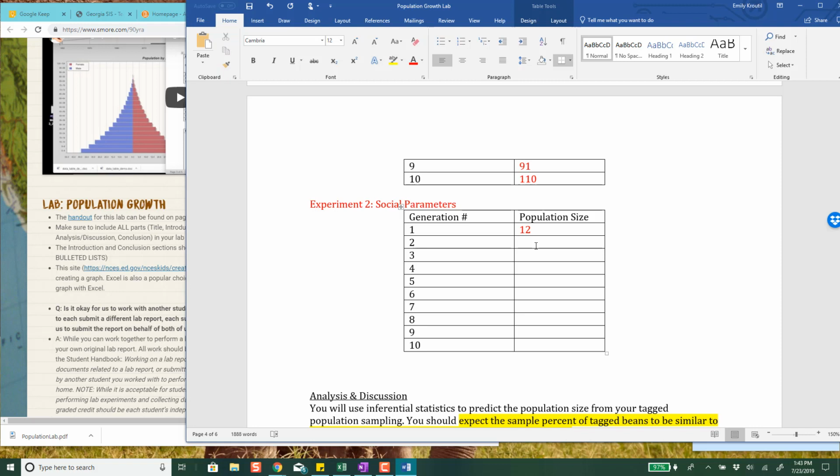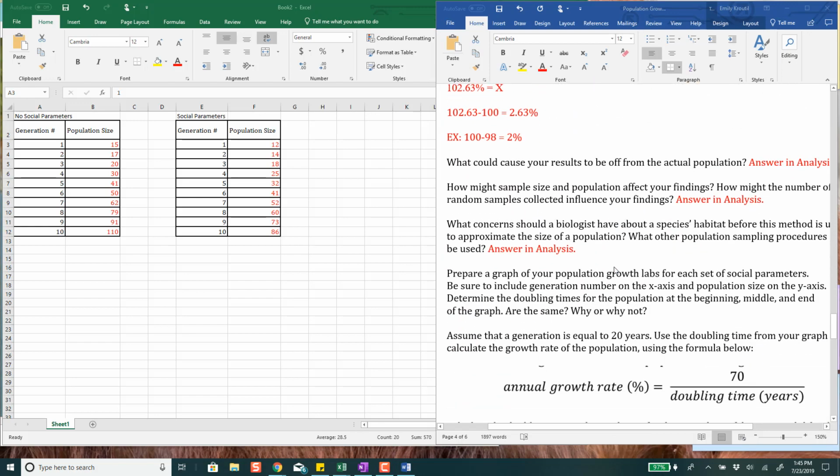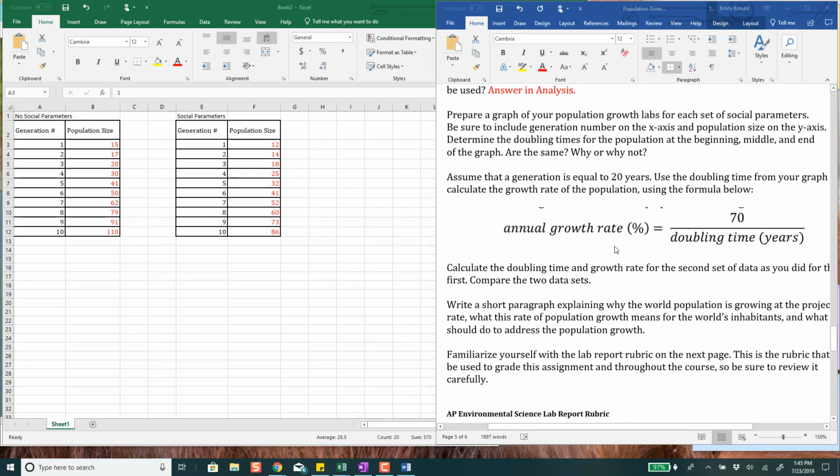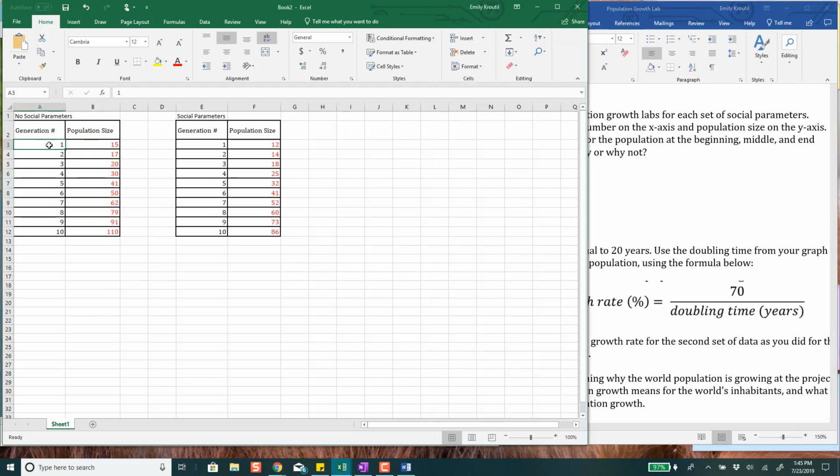For this one, we'll do... okay, so now I've put the data in Excel, and I just copied and pasted these charts into Excel, and I'm going to make my graphs. The first thing I'm going to do is highlight these two.